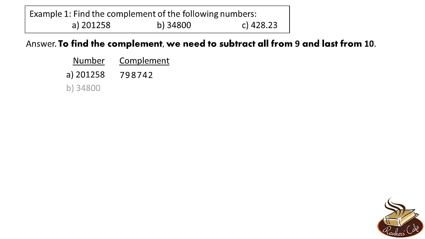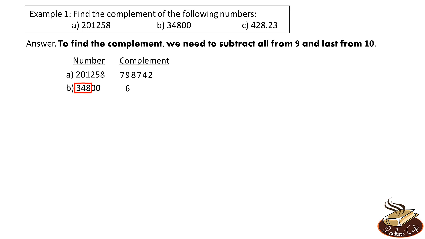Let's find the complement of 34800. Now, as the rightmost digit is 0, we write the zeros as it is, and we keep on moving leftwards till we encounter a non-zero digit. Then we can apply our rule, all from 9 and last from 10. Therefore, we will apply our rule only for 348.